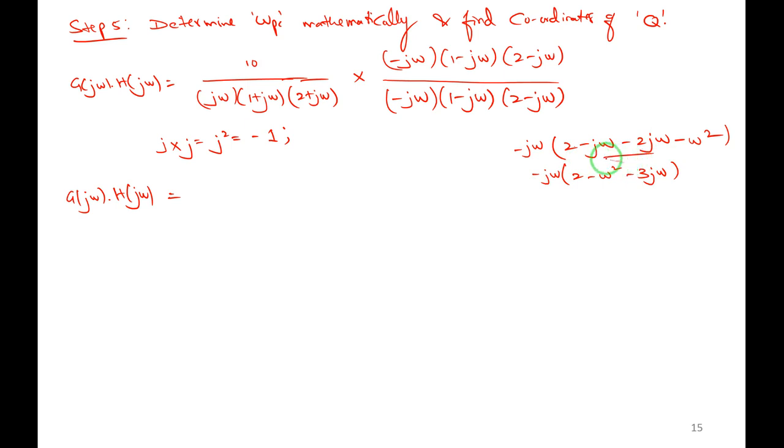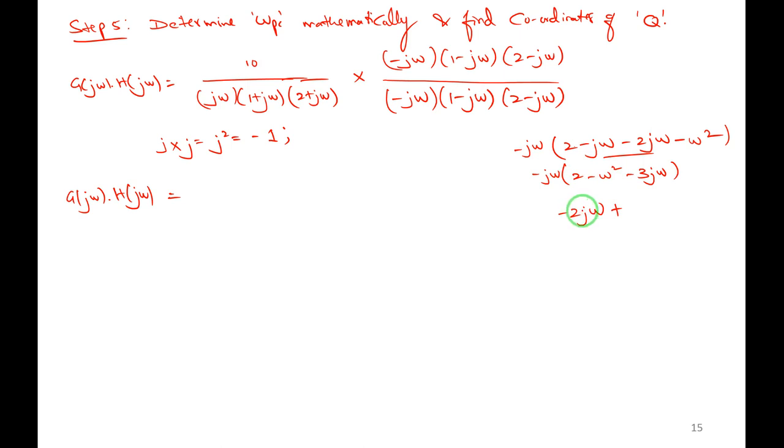If I am making any mistakes, please correct me, right? Minus 3j omega is correct. Let me multiply. Minus j omega with 2 is minus 2j omega. Then this one: minus into minus it is plus j omega cube. I will get j omega cube, I think, right?